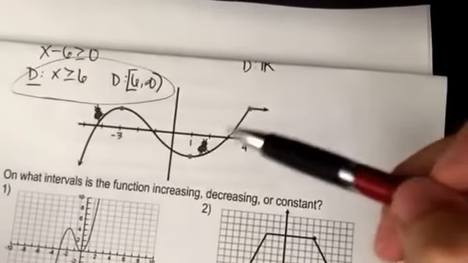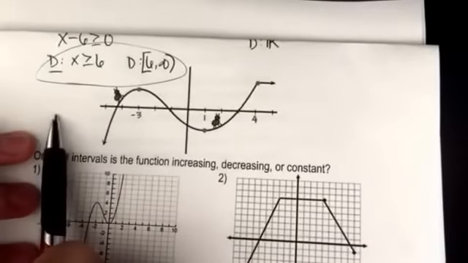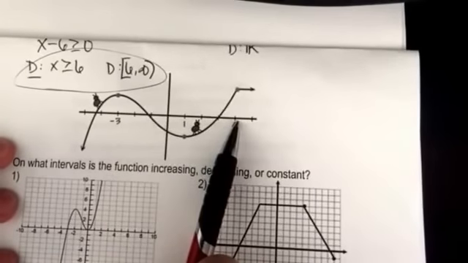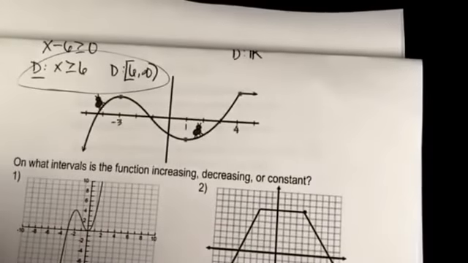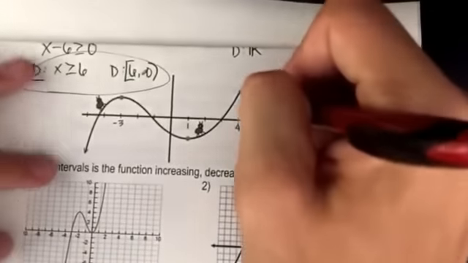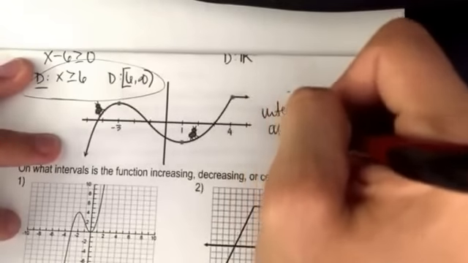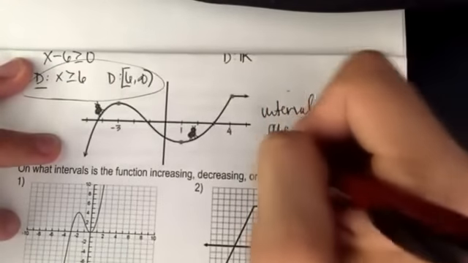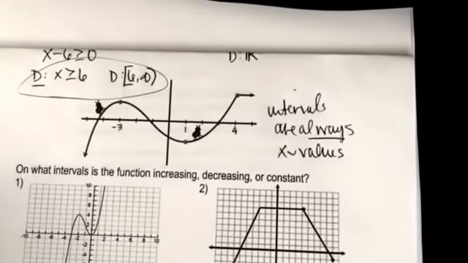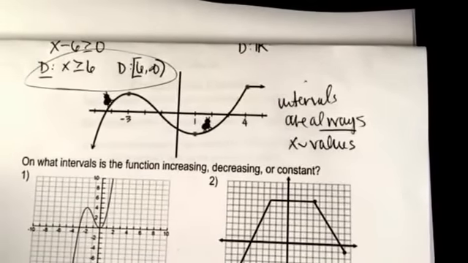Now, we always read graphs from left to right. So as I go from left to right, is the graph going up, down, staying the same? The other thing that we figure out is that our intervals are always expressed with x values. So it's the x values for which the curve is going up, down, or staying the same.